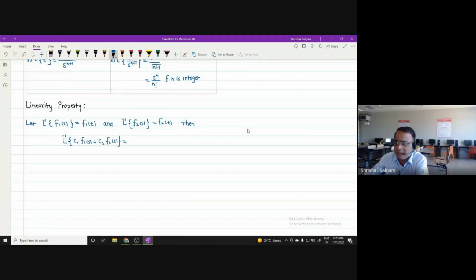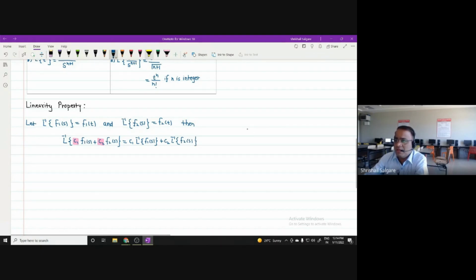C1 and C2 are constants. The linearity property was studied for the differential operator, derivative, everywhere, and the same thing is applicable. So C1 can be taken outside the operator into L inverse of F1 of S plus C2 into L inverse of F2 of S.